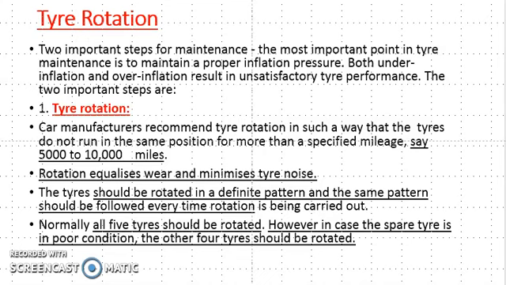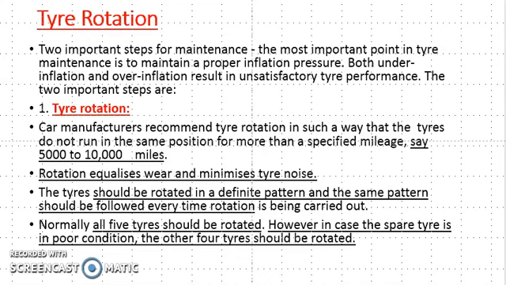So there should be a definite pattern of the tire rotation, and the same pattern of rotation should be followed every time the rotation is carried out. Normally all 5 tires should be rotated, 4 tires as well as 1 spare tire. In case the spare tire is in very poor condition, you should skip it and rotate the other 4 tires.